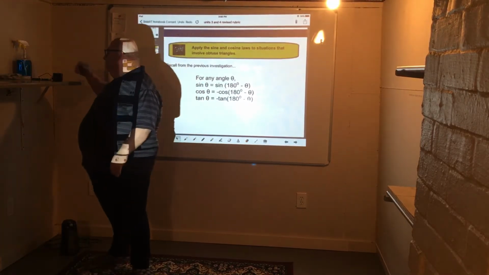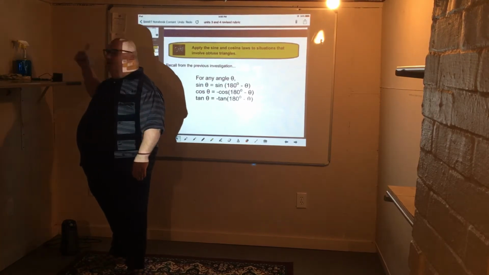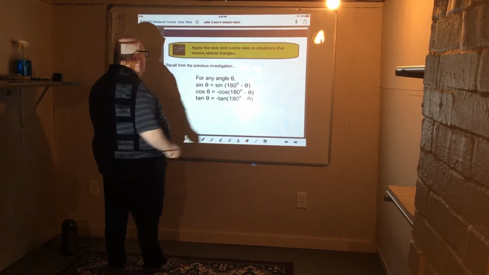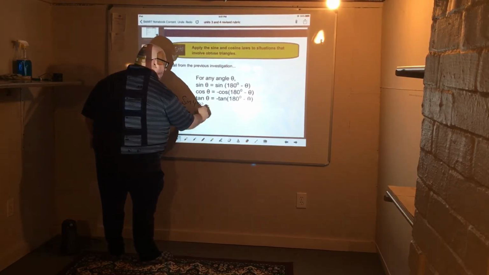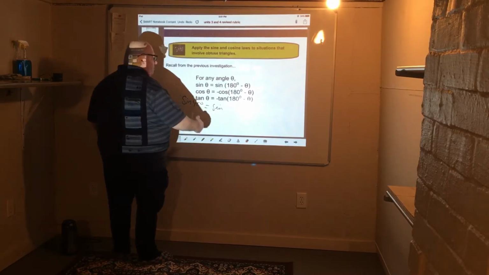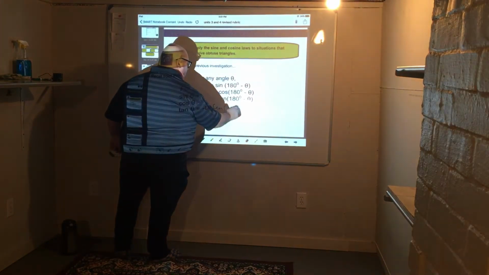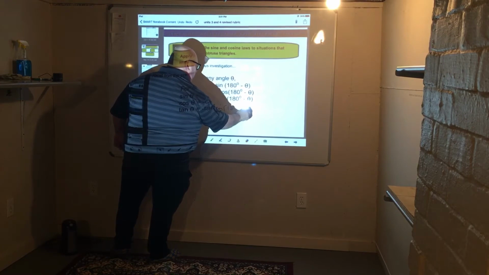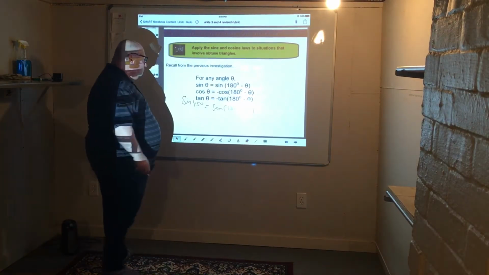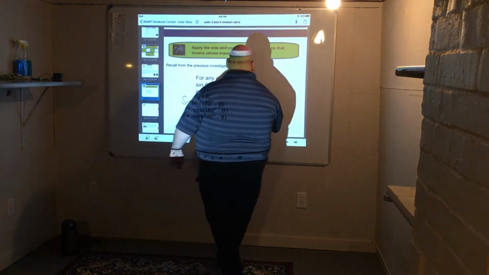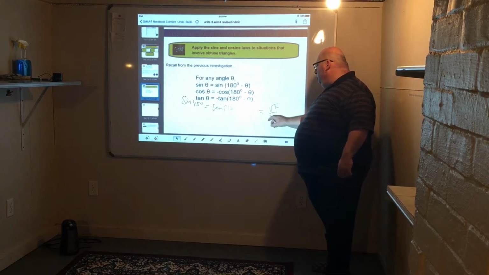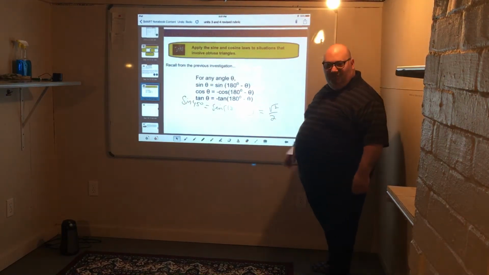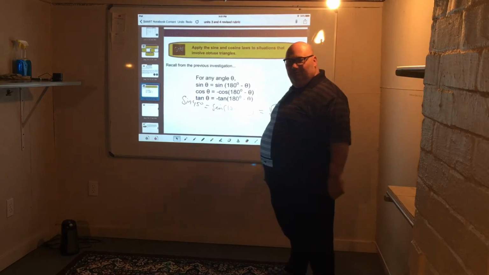If we took the sine of 45 degrees, this would be the same value as the sine of 180 degrees minus 45 degrees, which, off the top of my head, I believe is root 2 over 2, and whatever that is as a decimal. You'll have to use a calculator to figure that out.